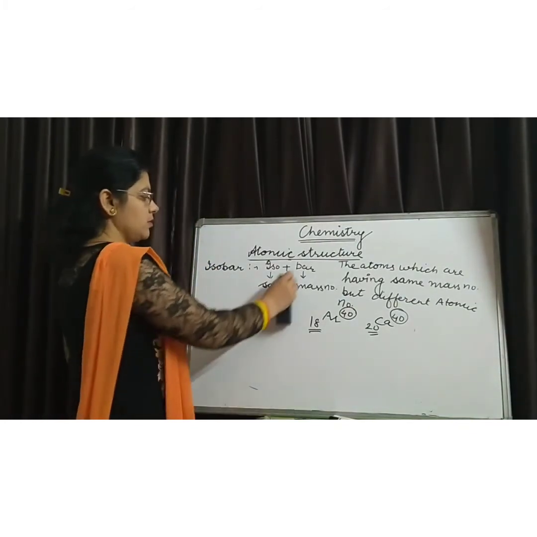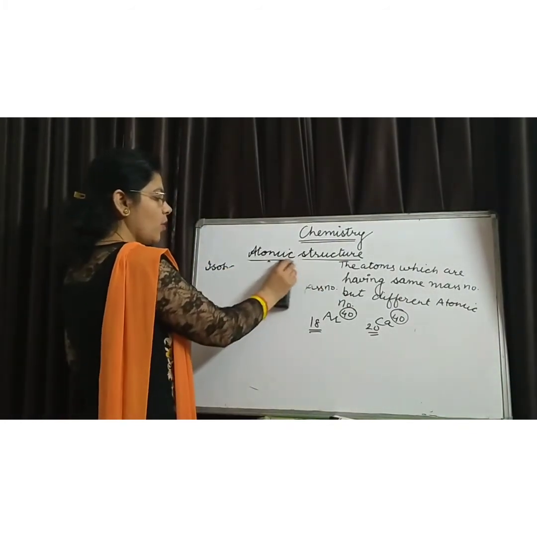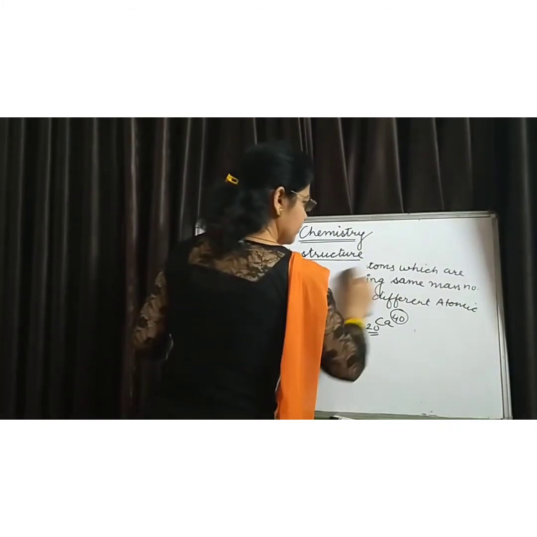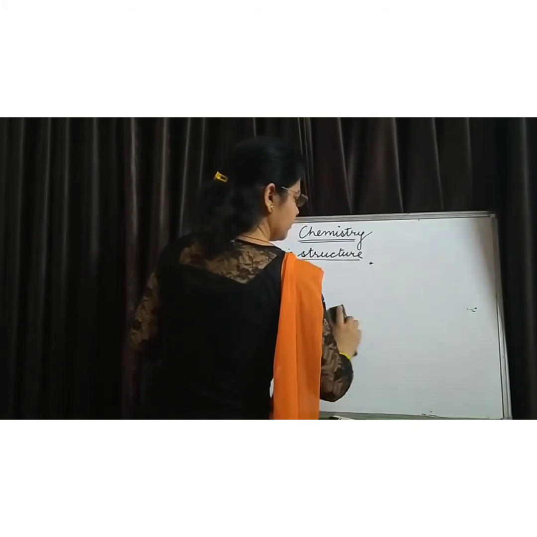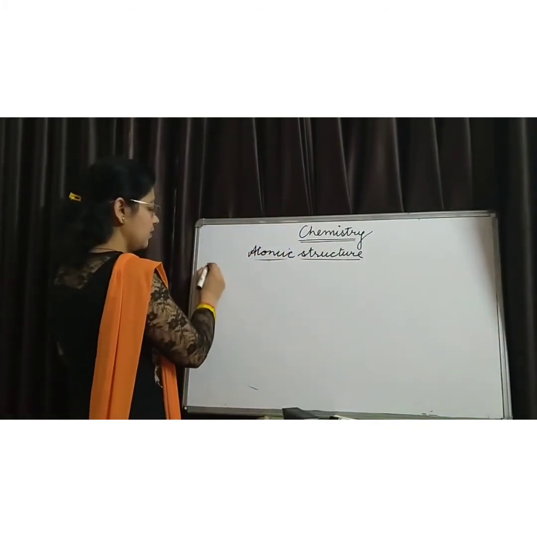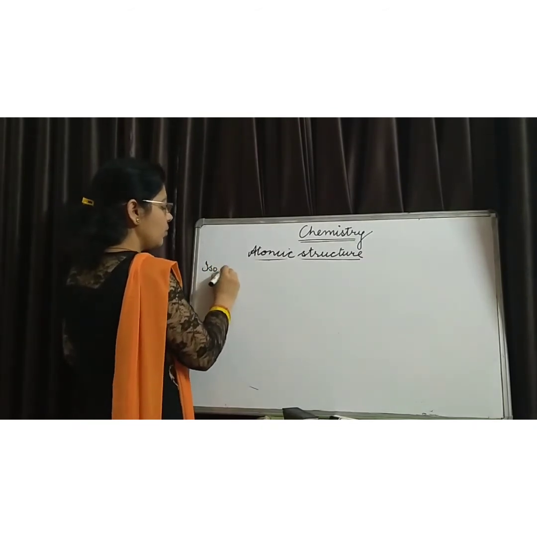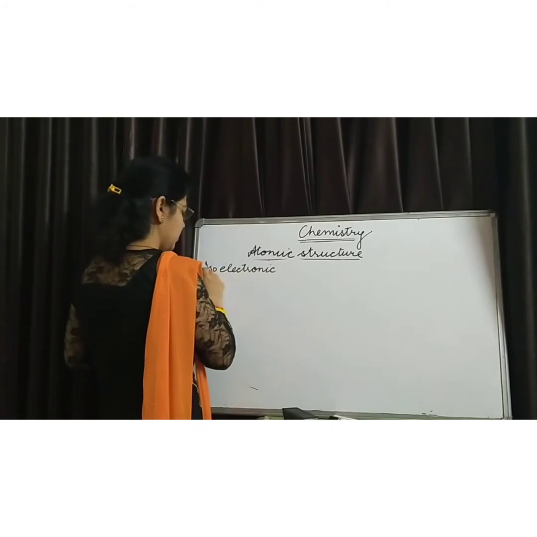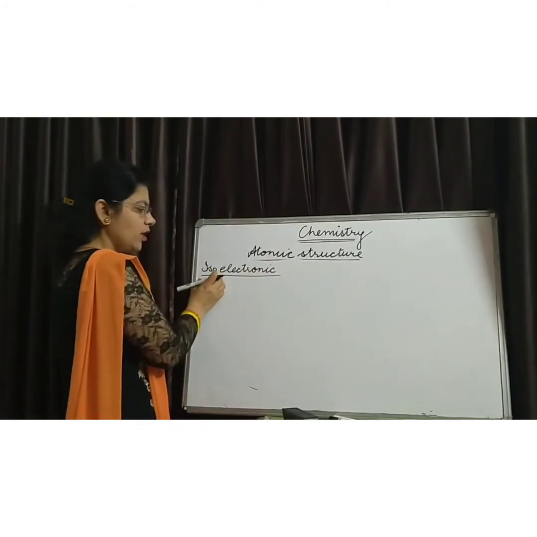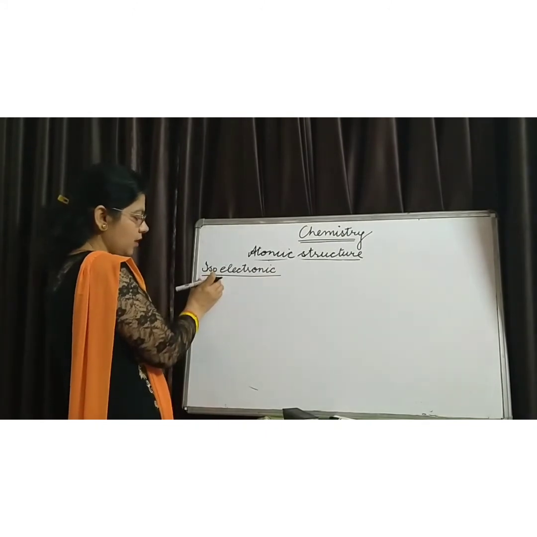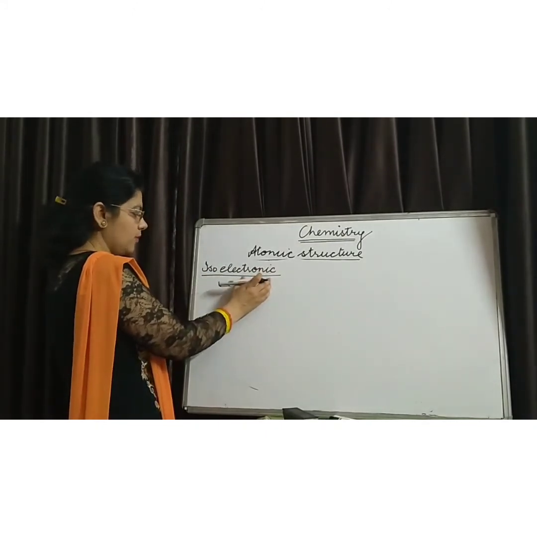The next term is isoelectronic species. The word isoelectronic is made up of two words, again iso plus electronic.